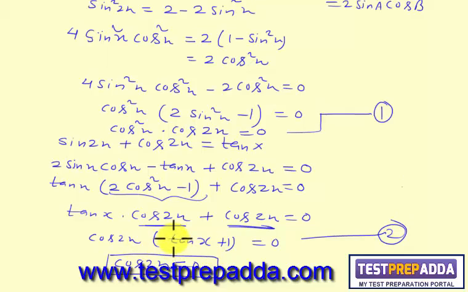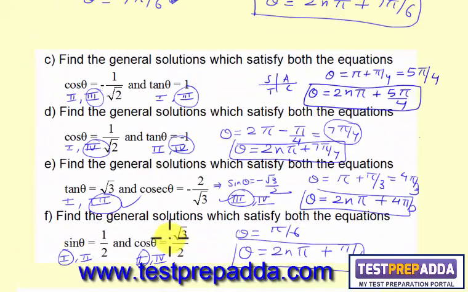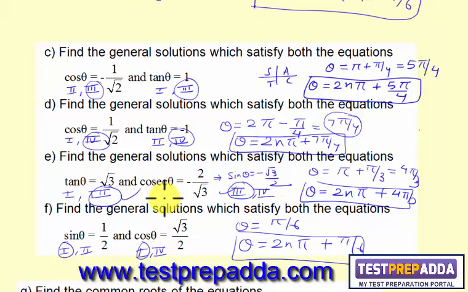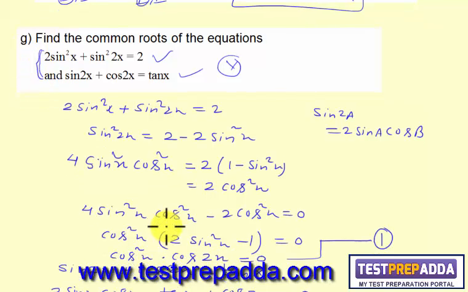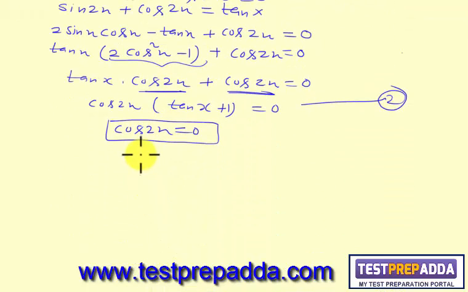So what can we say? We will get the common roots of the two equations by cos 2x is equal to 0. Now recall, cos theta is equal to 0.